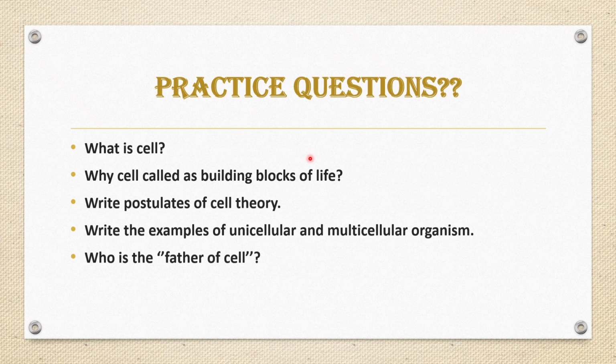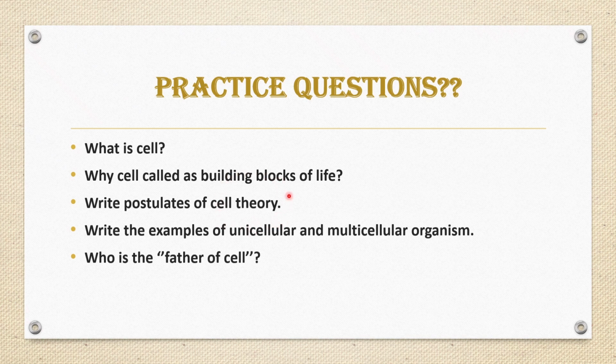Here is the practice time. What is a cell? You have to write the definition of a cell. Why is the cell called the building block of life? Write the reason, as I told you. Understood this question? Write the postulates of cell theory.